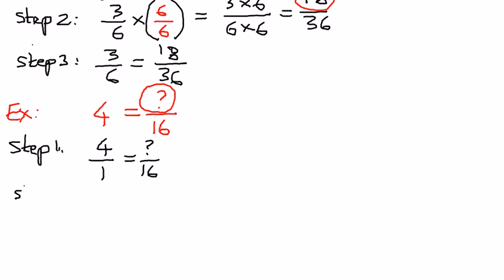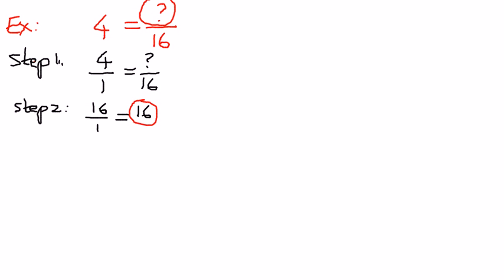So as step 2, we divide the larger denominator by the smaller denominator. The larger denominator we have is 16, and the smaller denominator we have is 1. So therefore the value we obtain is 16. So if we were to multiply and divide by 16, we should be able to get that equivalent fraction.